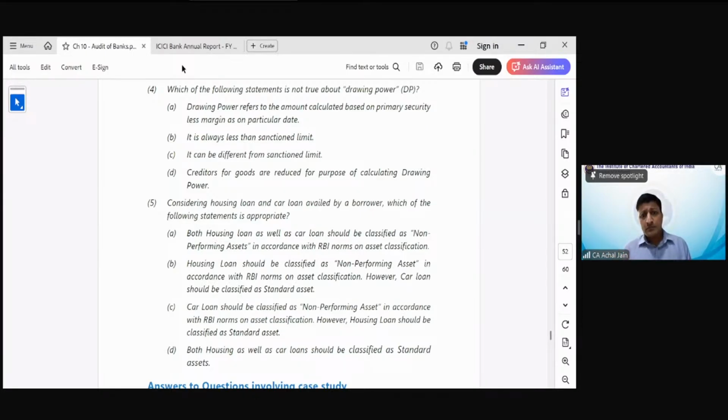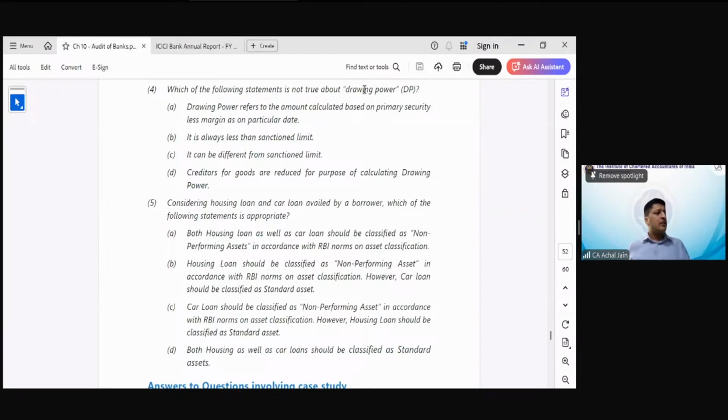So if at all you don't remember the legal requirement, your confusion will be only on point A or B. That's how you need to approach this. And in this case, of course, the correct answer will be A. Yes or no? This is the response which I received from Tanu, Almaz, Dhanush as well. Julie, very good.